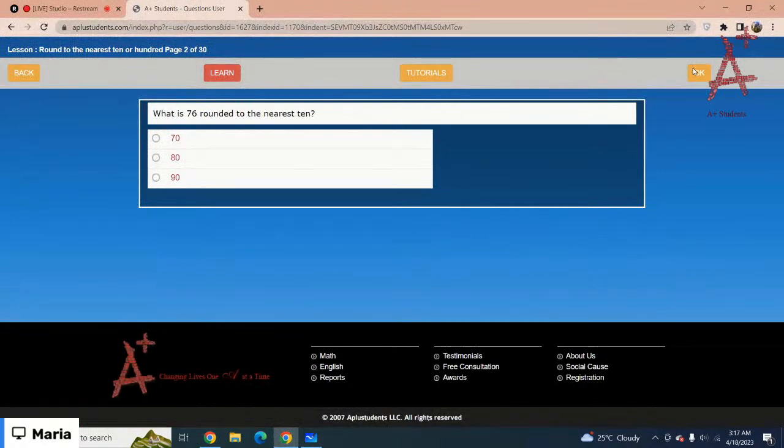Okay, what is 76 rounded to the nearest 10? So which is the correct option? Be careful while rounding. 76 is rounded to which 10? Yes, it is rounded off to 80. Very good.